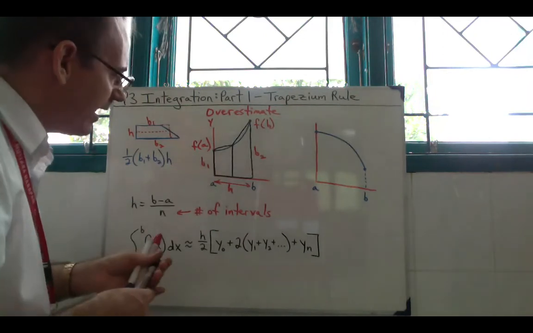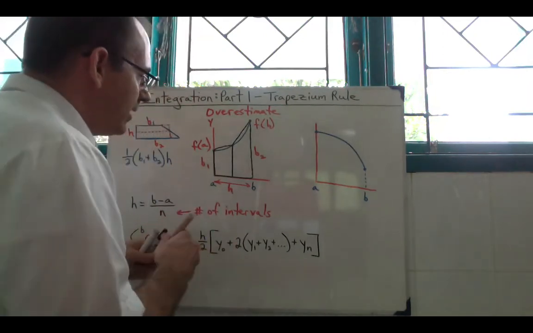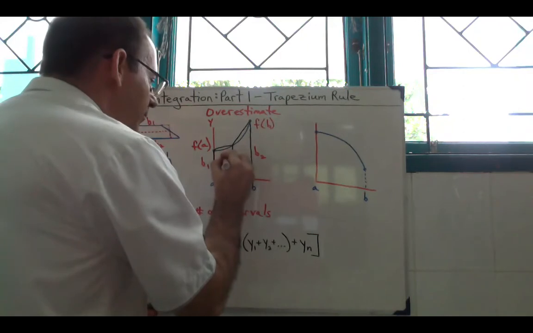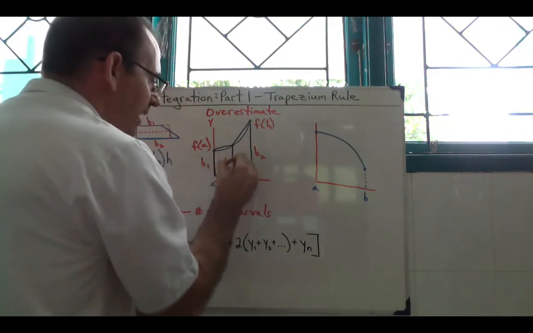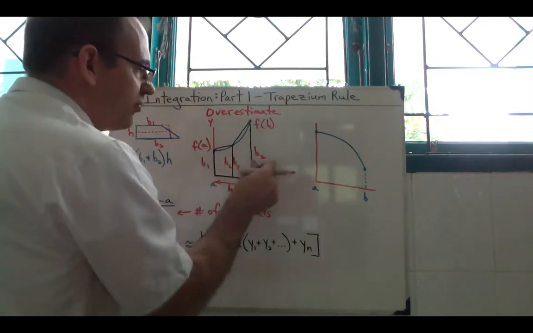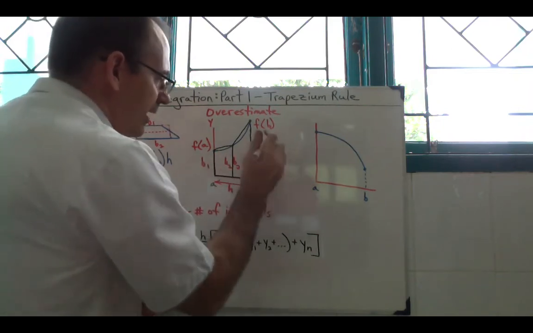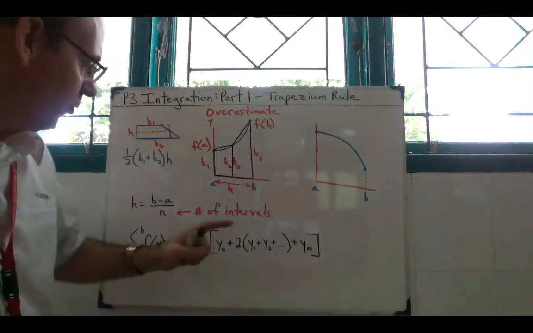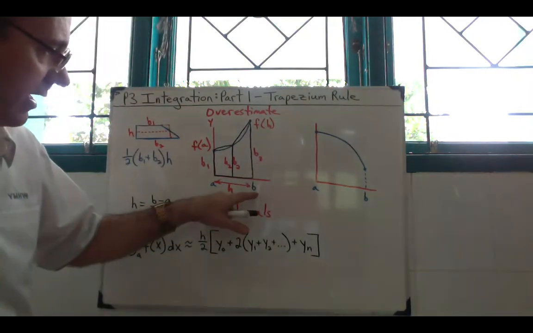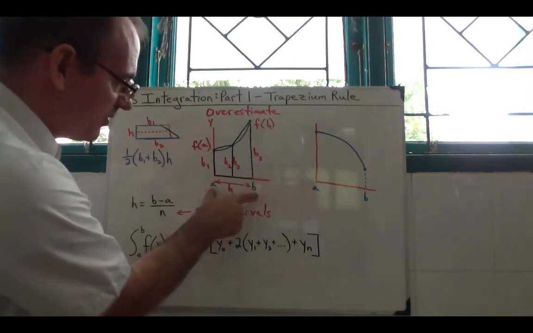So now we have base 1. Now over here, we have base 2. And this base 2 is actually shared by both trapeziums. And then over here, now we have base 3. So when we go to calculate the height, we'll have B minus A to get this length.